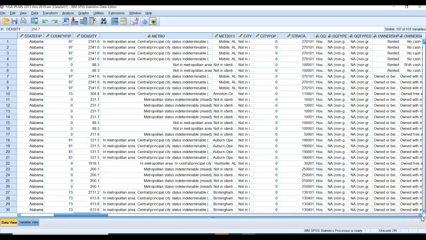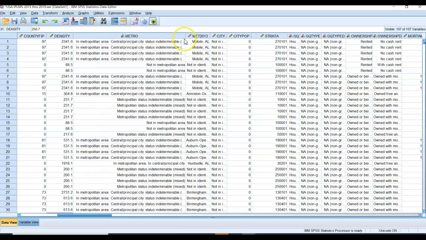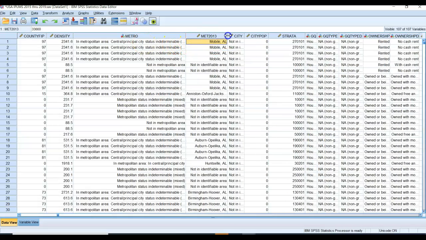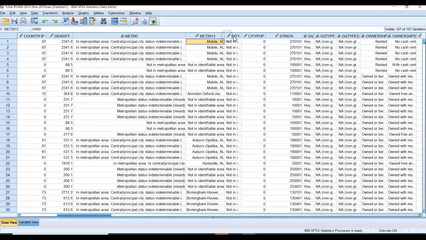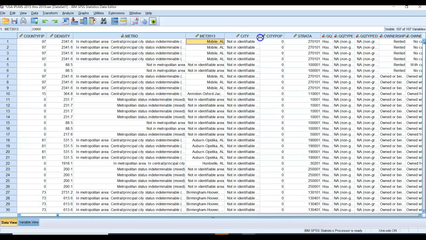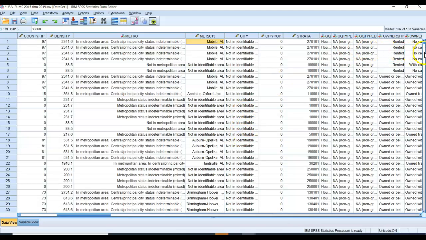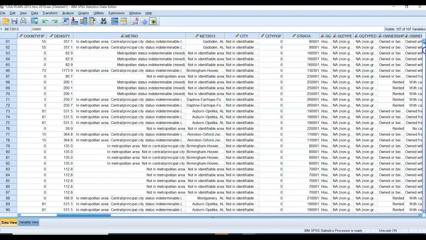There's a lot of information in here about the person, and if you can identify specifically where they are, if they're in a small area and you can say, oh, they live in the central city, now you can be much more specific. Here's the metropolitan area that they live in. They live in Mobile, Alabama. The city is not identified, and not in all cases will you get cities identified, because then you'd know specifically where people actually are. In those cases, the city population is going to be 0.